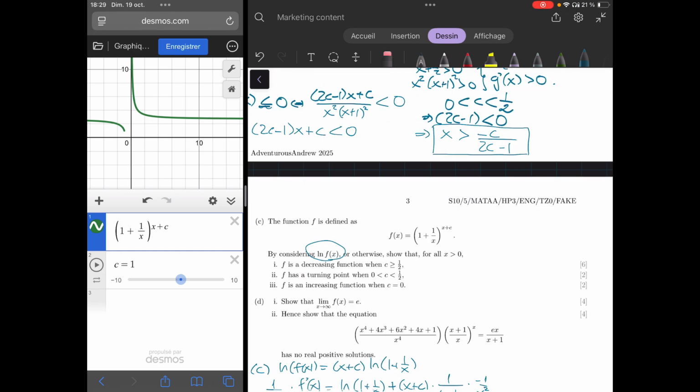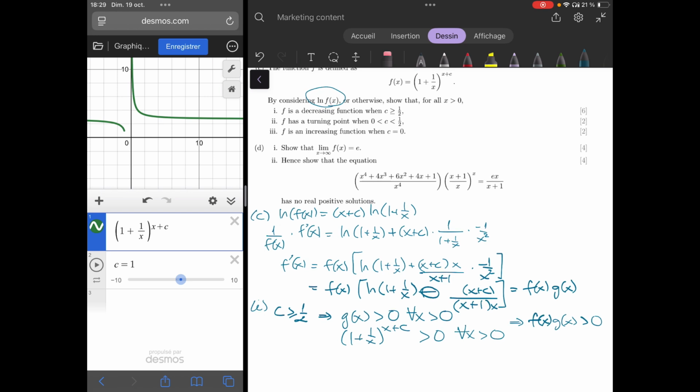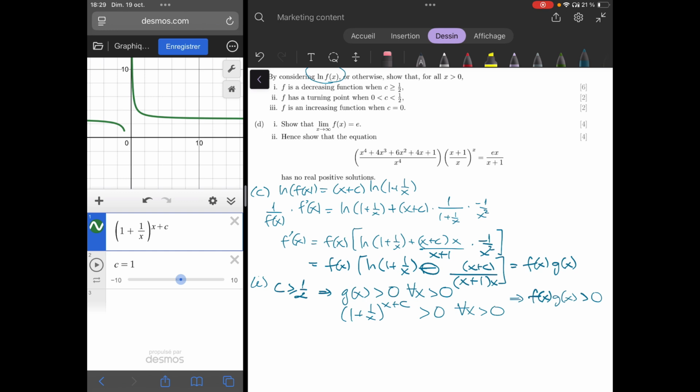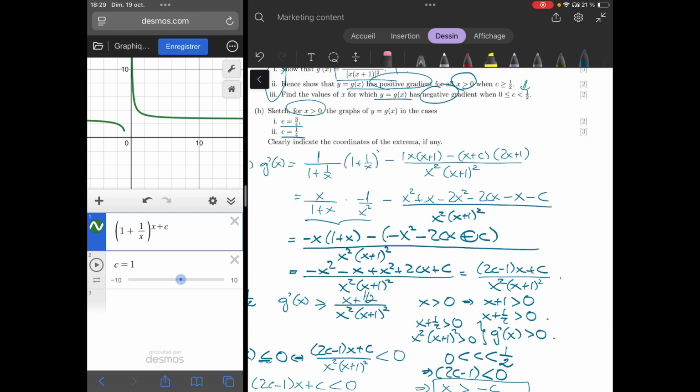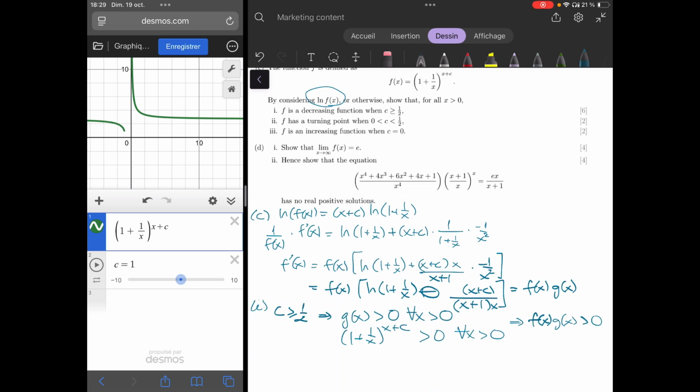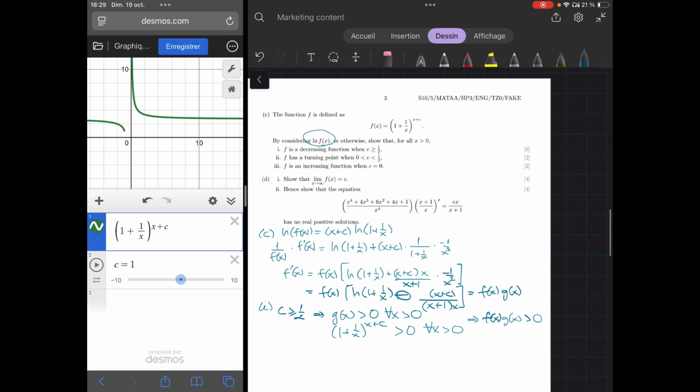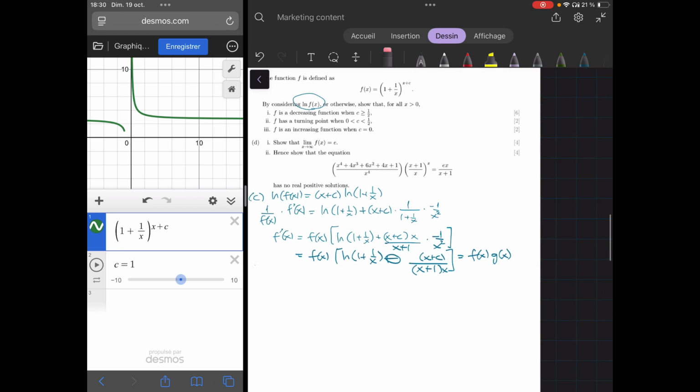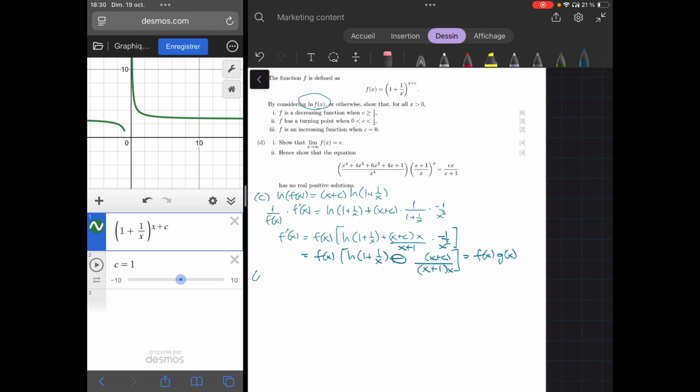Oh, sorry. Okay. C1. We want to show that f is a decreasing function when c is greater or equal to a half.